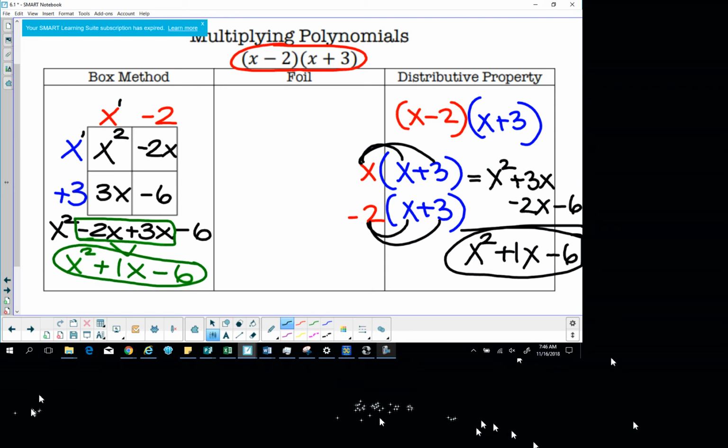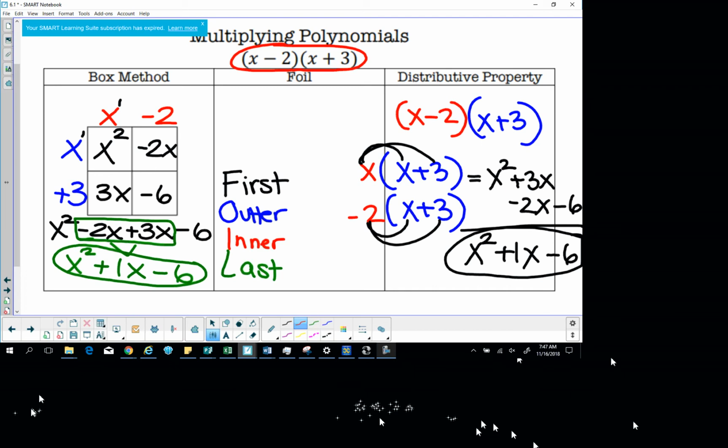We only were taught FOIL, but these are more visual and probably better ways to do it. So FOIL just stands for first, outer, inner, last. If you don't get this way, then don't do it. But a lot of people do like this way.